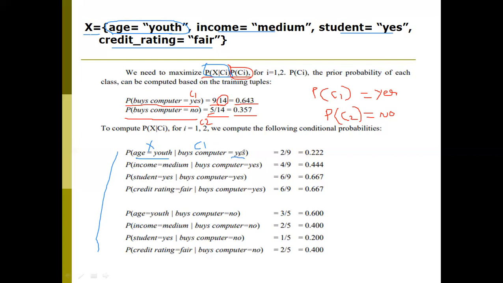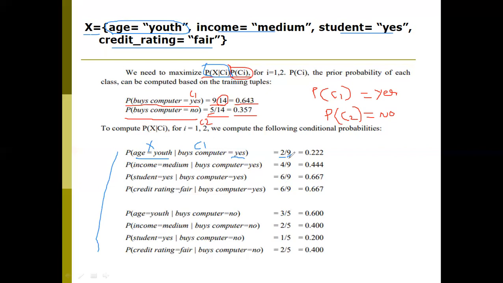If you observe the table, how many yes class labels are there? 9 yes class labels are there. Out of these 9, how many members are youth? 2 members are youth out of 9 yes class labels.